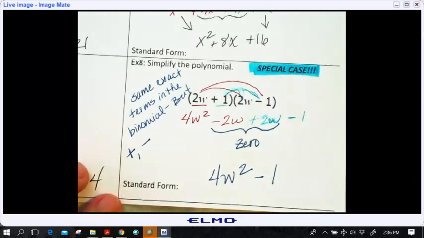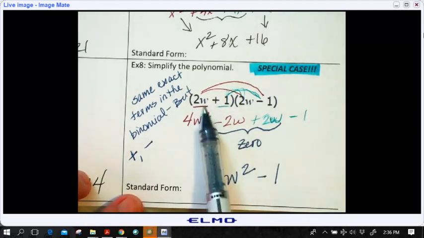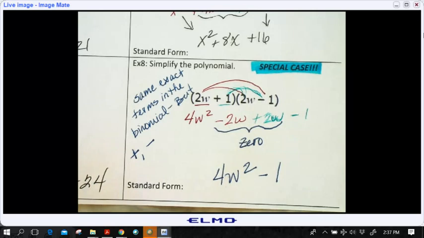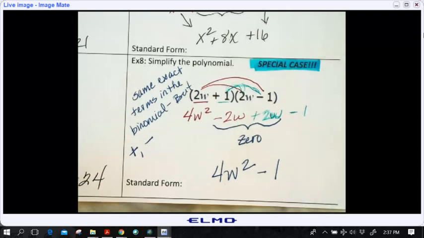This is a special case, okay? So if you can recognize it, then you are able just to say 2w times 2w is 4w squared. 1 and negative 1 is 1. Now, it doesn't affect your answer if you still work it out the long way just to feel more safe and secure about your work and your answers. But if you're able to recognize that shortcut, it's good to know.